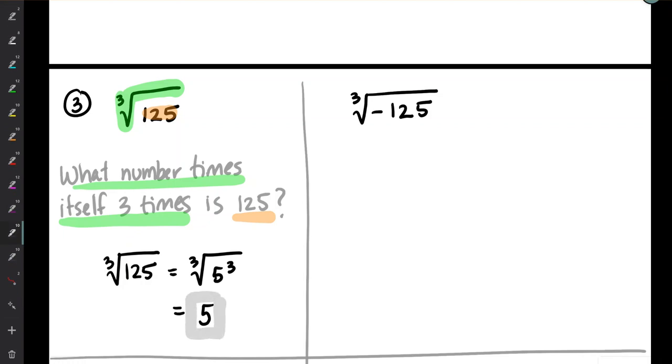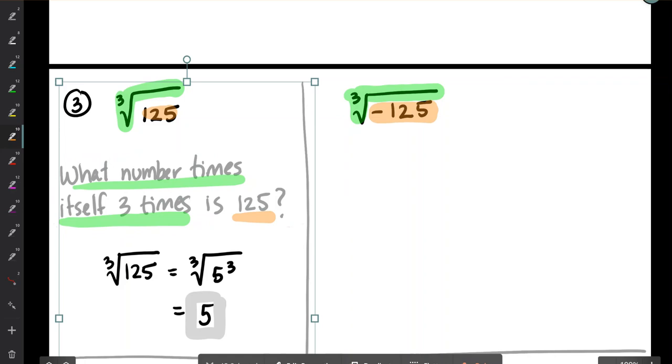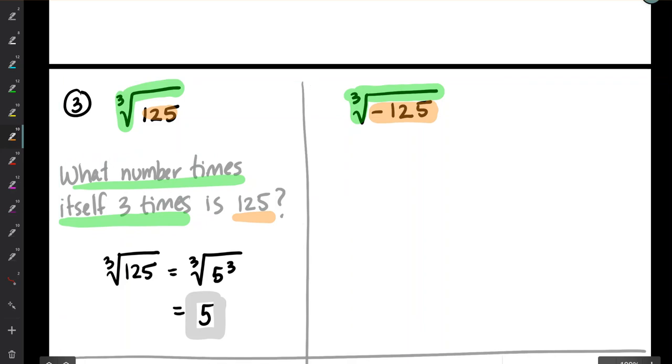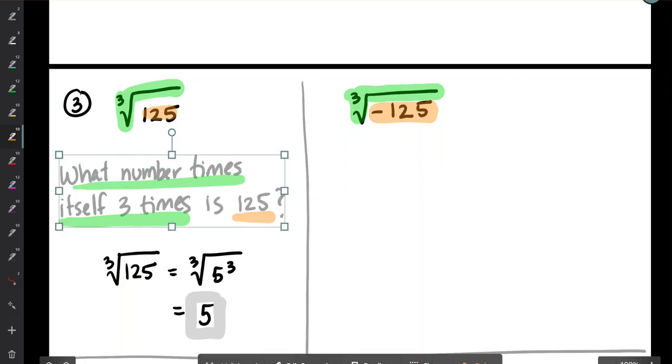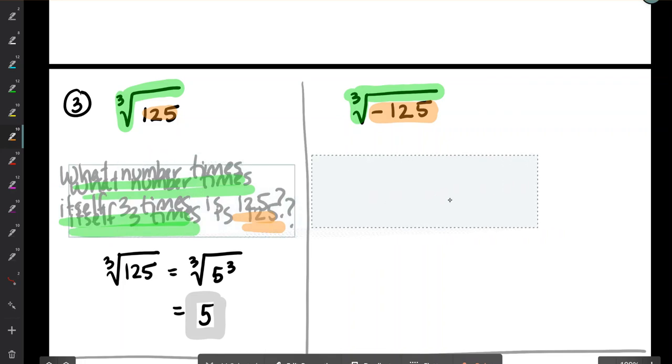Now in this next one, we still have this question, what number times itself 3 times? But now underneath here is a minus. What number times itself 3 times is negative 125? And there is in fact an answer to that.